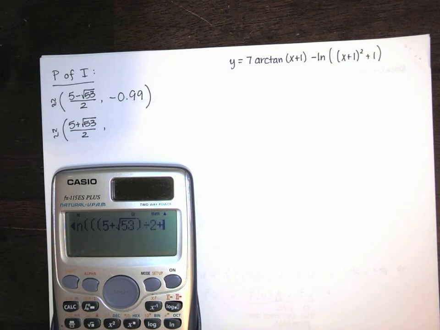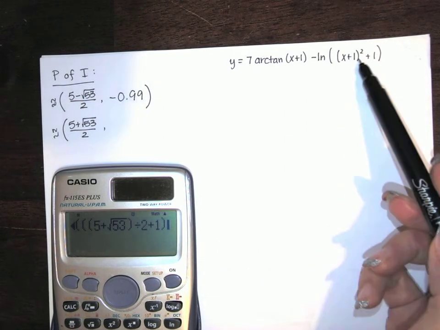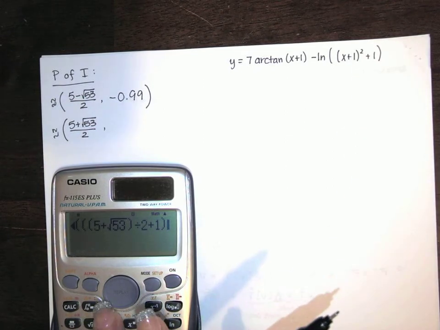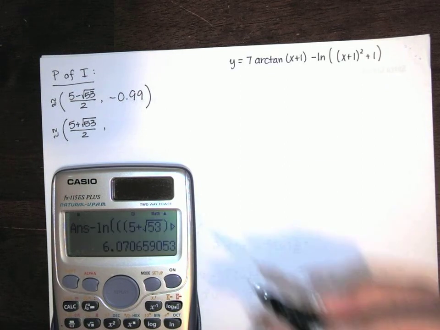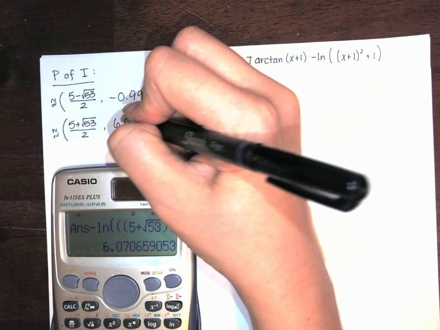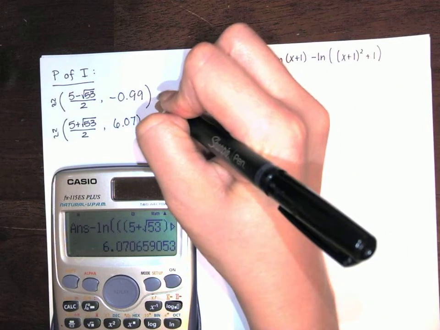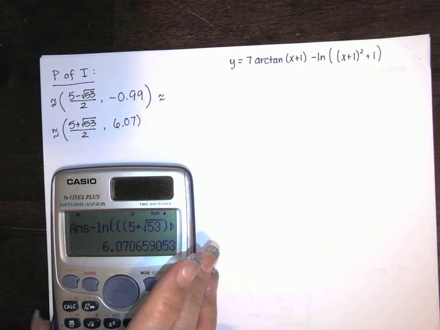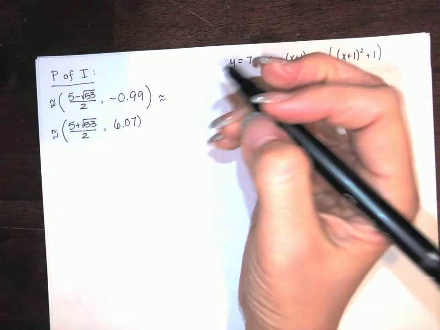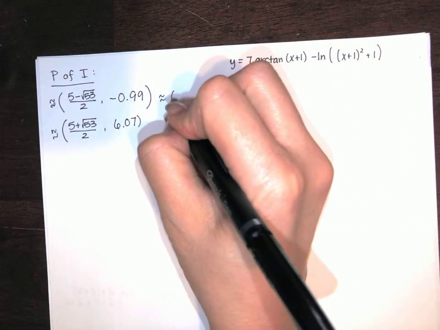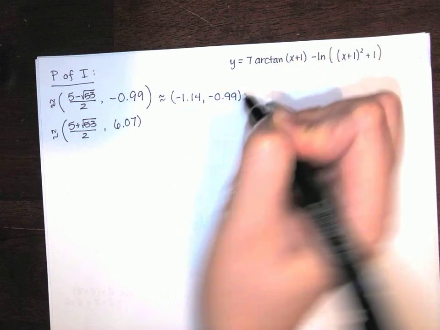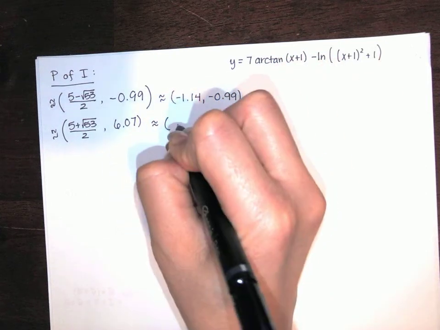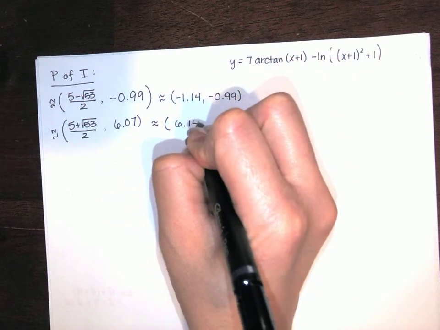That's x plus 1, close parentheses for this guy. You want to square it, then add 1 to that, close parentheses for the logarithm. I know there's a lot of parentheses there. So you get 6.07. And the approximations for those x values were negative 1.14 and 6.14.